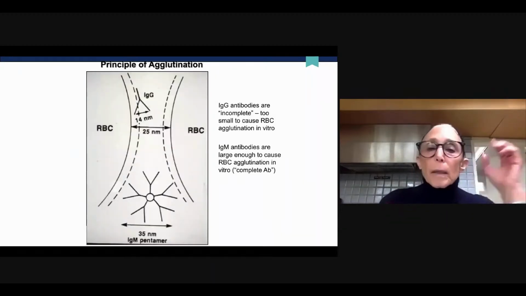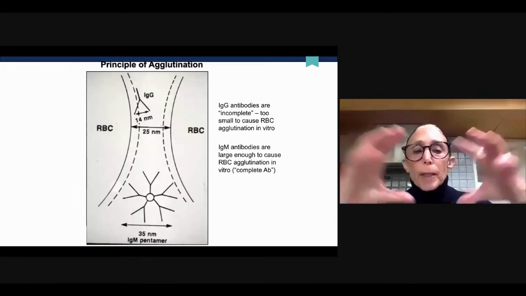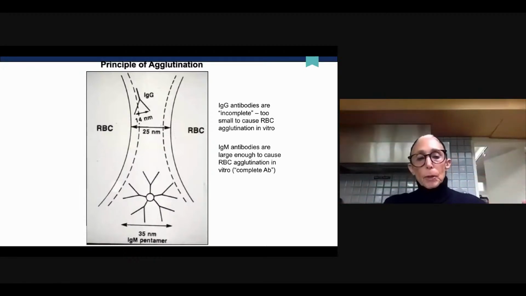So when we were talking about the principles of agglutination, that IgMs are big molecules, you can see here from this ancient publication that IgMs, because they have 5 arms, are sterically more likely to bring red cells together, as opposed to an IgG, which has a much smaller range.